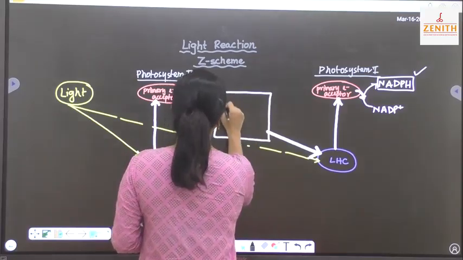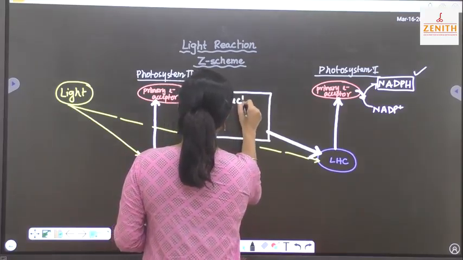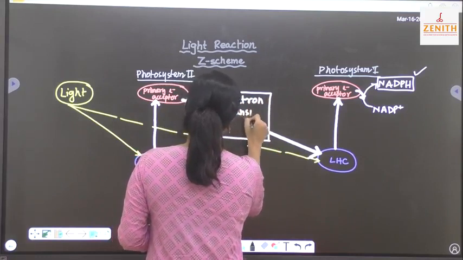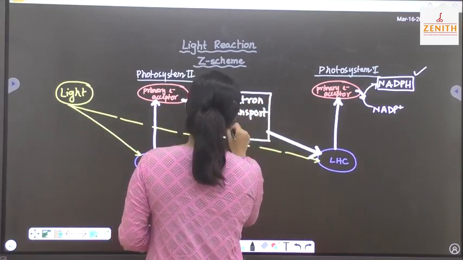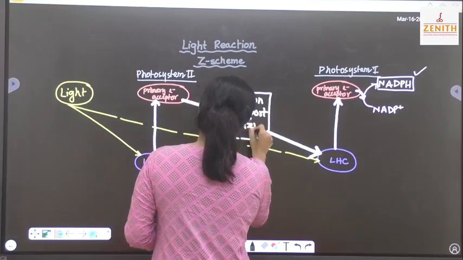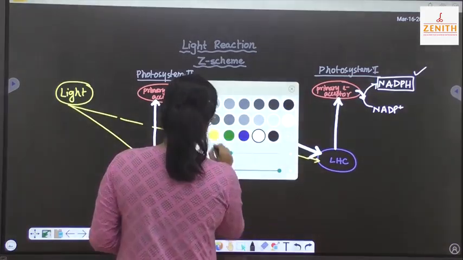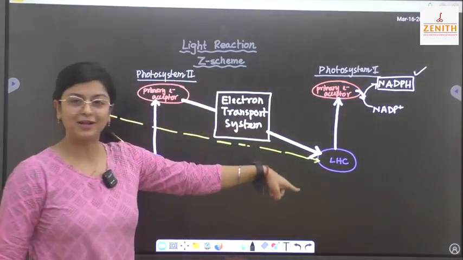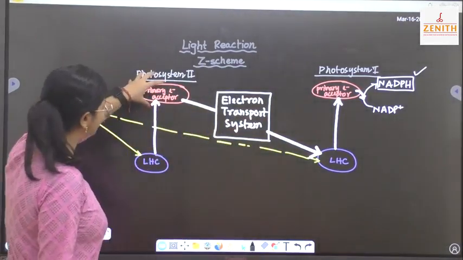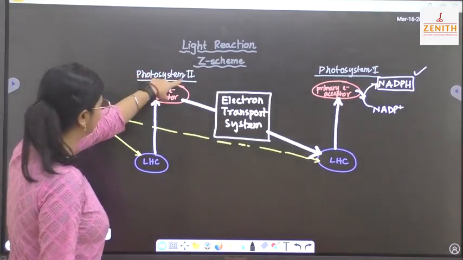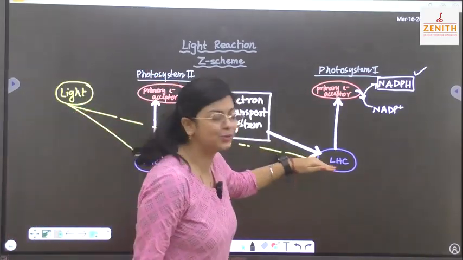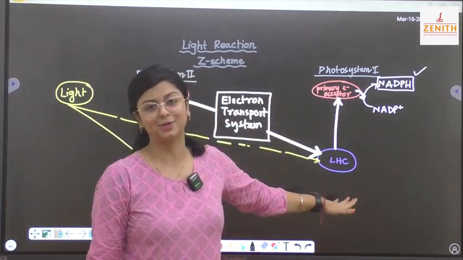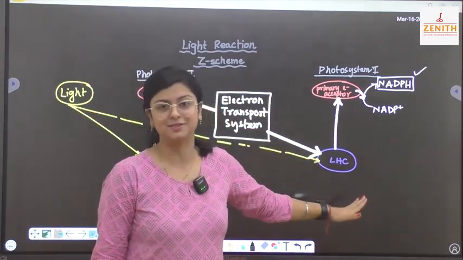So here there is the presence of electron transport system. By the help of this electron transport system, the electron which was present in this primary electron acceptor of photosystem 2 is entering into the LHC of the photosystem 1 to fulfill that electron's deficiency.